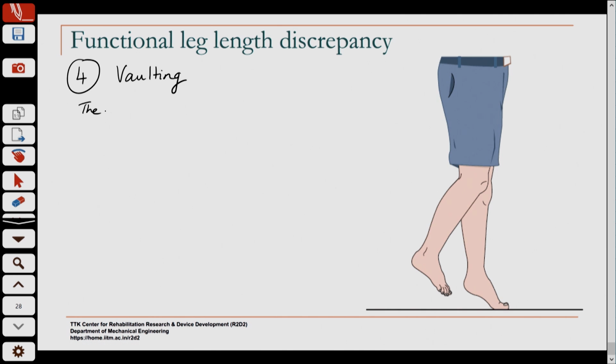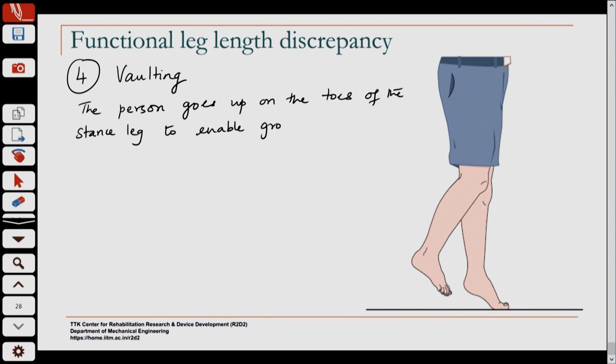So, here in vaulting, the person goes up on the toes of the stance leg to enable ground clearance of the swing leg.